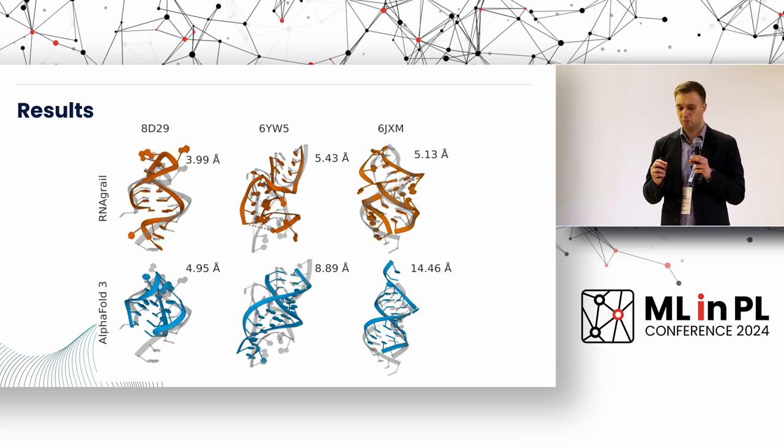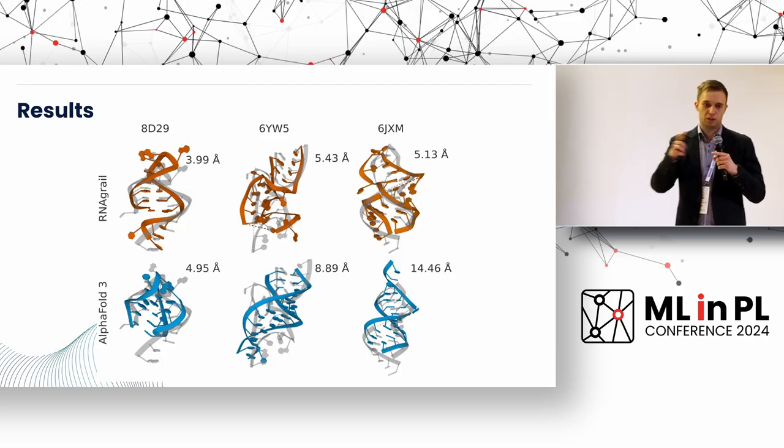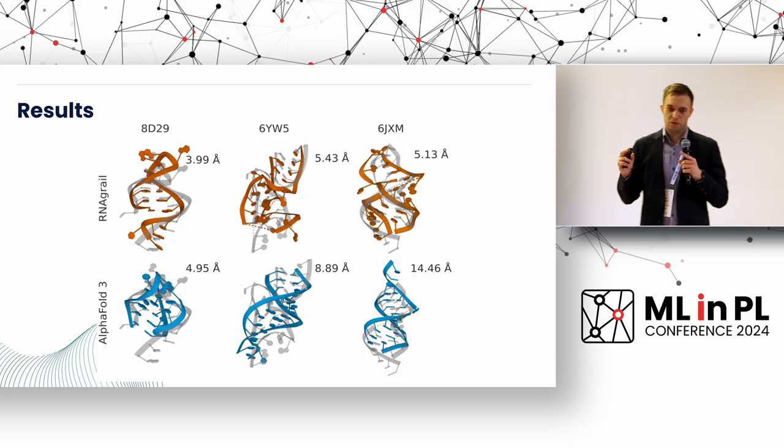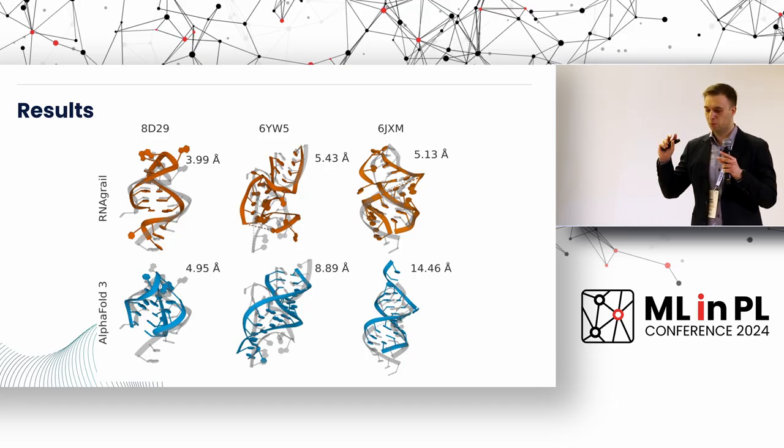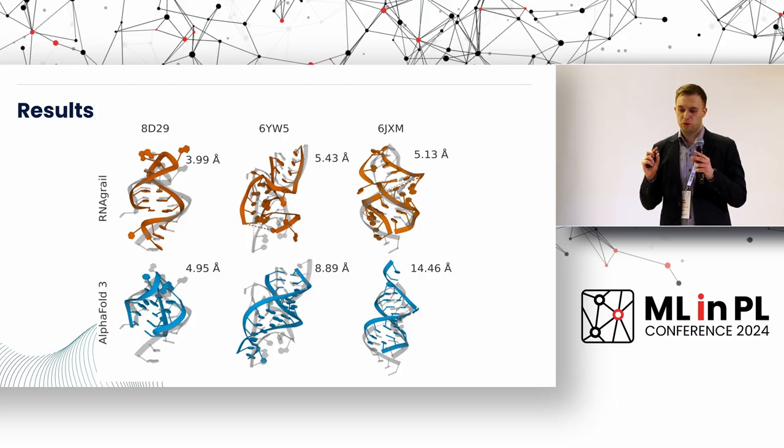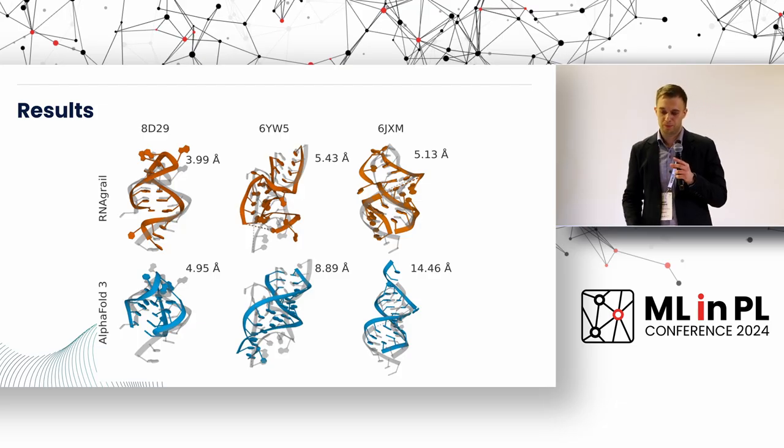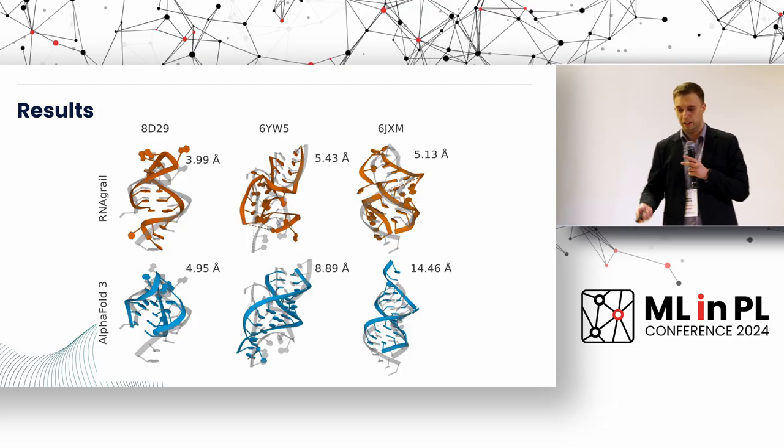And we can easily observe some failures, like for example, some clashes or some strands colliding with each other, or the general tendency to fold every single structure in a helical shape, although it's not always helical.